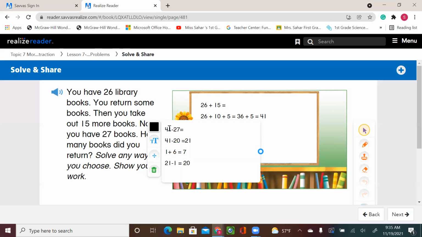And then what's left? 20 minus 6 equals 14. So now I know that. How many books did I return the first time? 14 books. So I know that I returned 14.